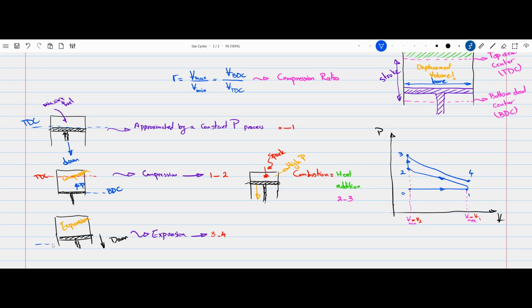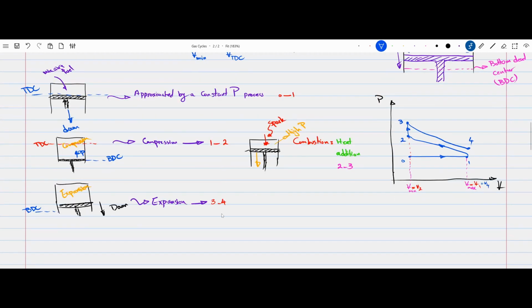It can only move all the way to bottom dead center. And as we discussed in the first stroke, we know that the bottom dead center is volume 1. So you can see that volume 4 is equal to volume 1 because it's the bottom dead center.